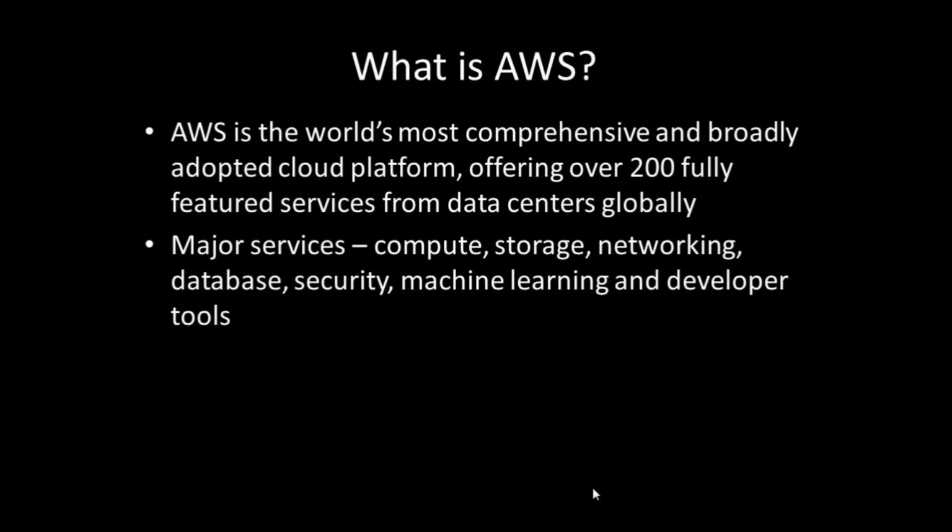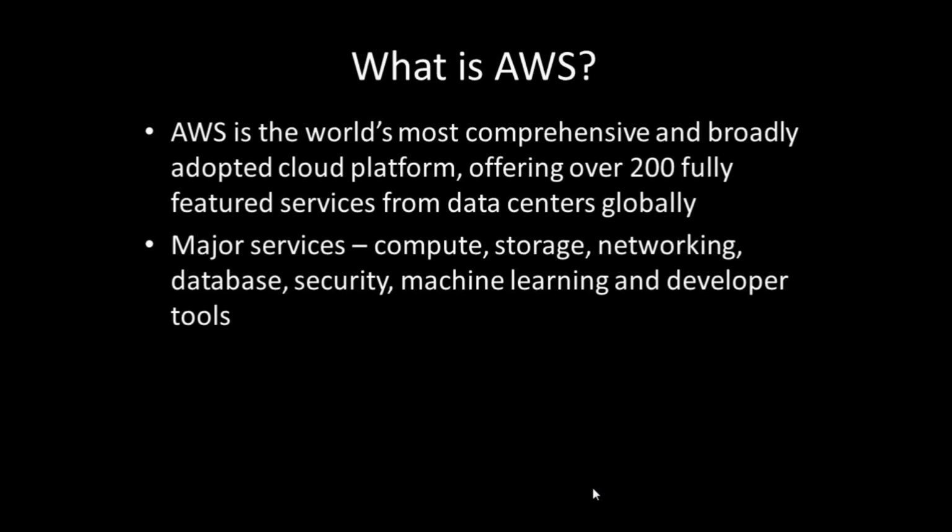So when we talk about AWS, the major services include compute services, which talks about the virtual machines that you can use to deploy your applications, or to take the advantage of the compute power which is provided by AWS. Storage refers to the storage services which allows us to store the files or store the data.